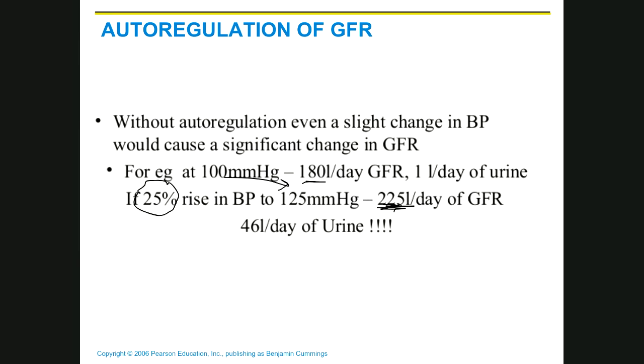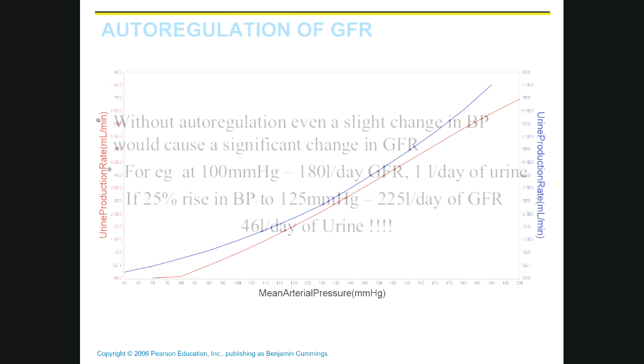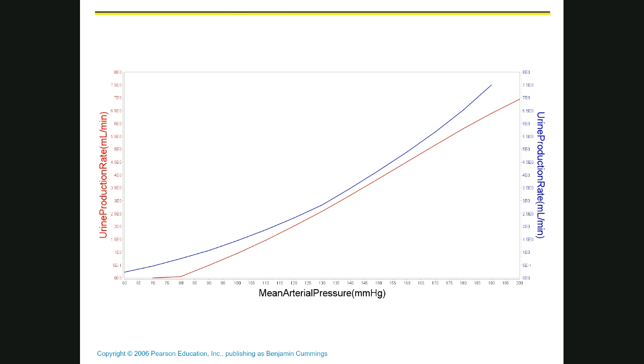225 liters a day, which translates not into 1.5 liters of urine, but 46 liters of urine. We don't want that to happen. We want to keep it the same. And so as the blood pressure goes up, so does urine volume.